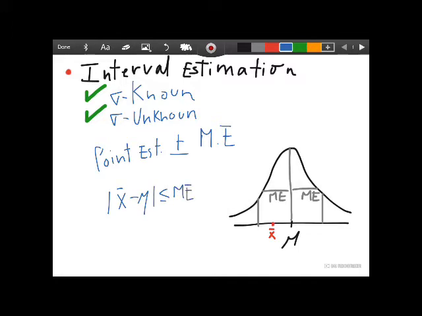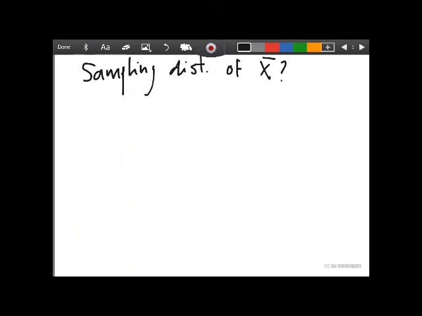Because this is a probability distribution, we would like the probability of this situation to be equal to a certain number, for example, 95%. So we would like some probability that the distance between x bar and mu is smaller than a certain margin of error.